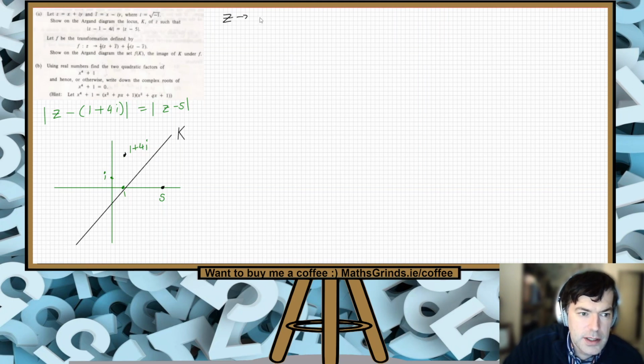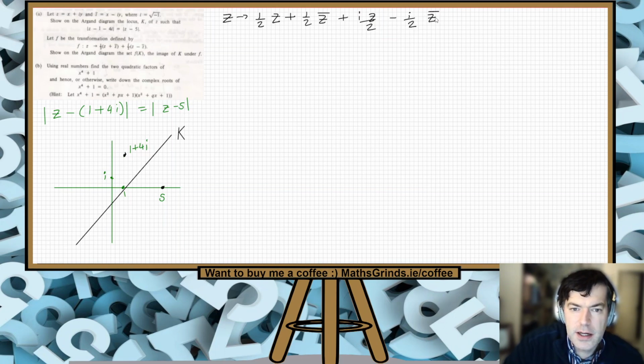So that would be a half Z plus a half Z conjugate plus iZ over 2 minus i over 2 Z conjugate. So let's try and clean this up a little bit here.